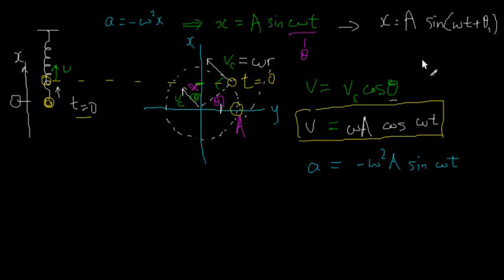So this would actually be a more general form of the solution of the x formula that I can use even when I don't start timing here. In a way, you can think of this as a more useful form. And then, of course, instead of sine, I can also have cosine, and that just means that I start from there instead.